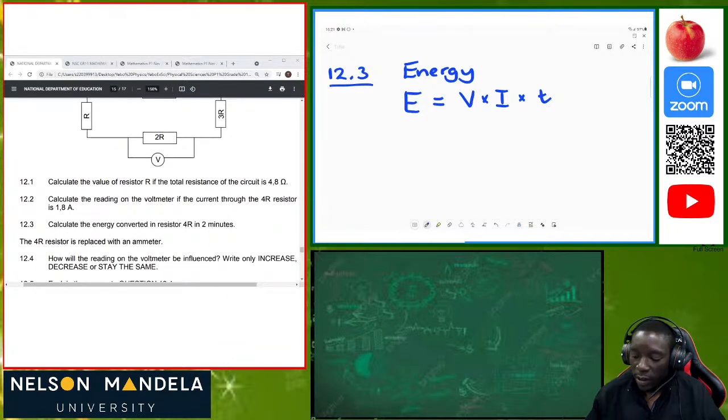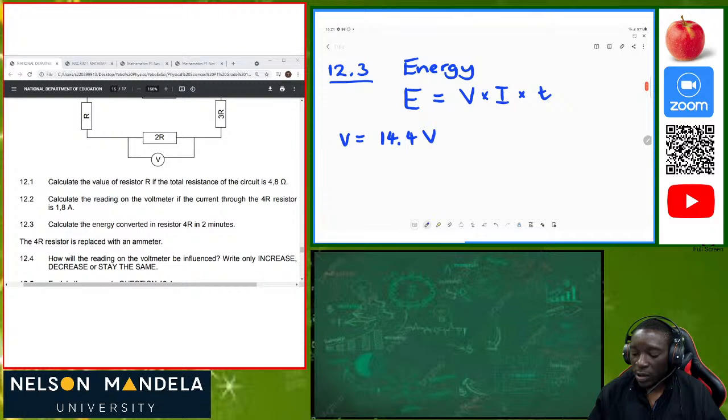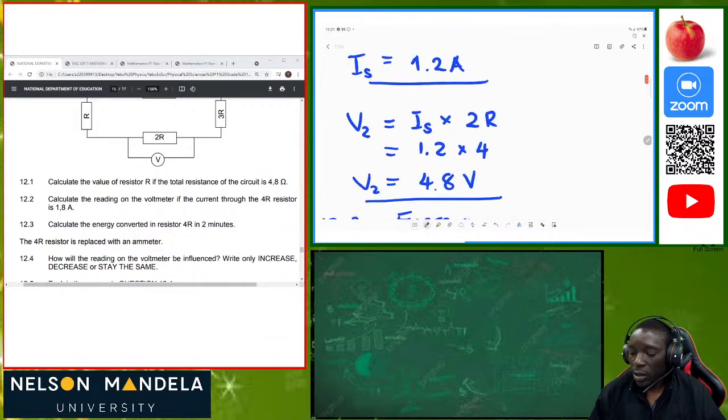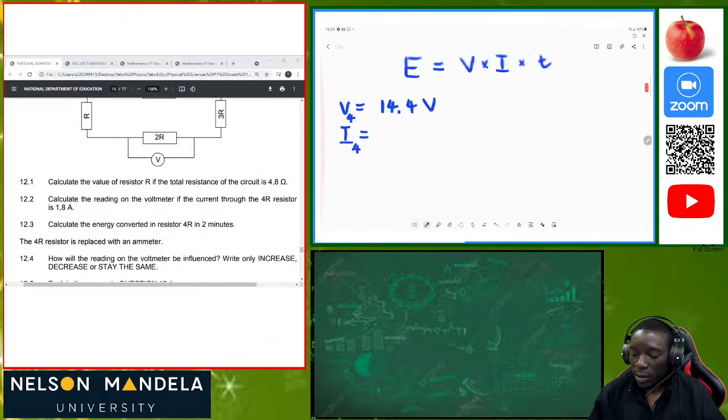So the time given, this is across the 4R resistor. So the voltage across the 4R resistor, we said V equals 14.4 volts. We'll just list the given quantities, which will help us. We say V4, I4. The current there is 1.8 amps. That one we're given.